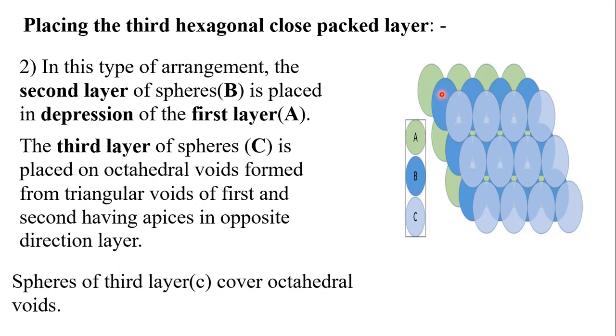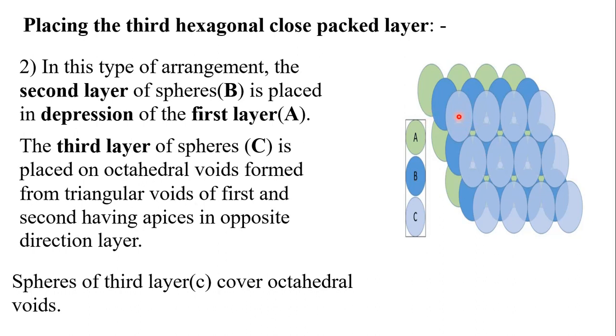That means an ABC type of sequence is there, and the spheres of the third layer cover the octahedral void, not the tetrahedral void. Octahedral voids are formed by the overlapping of triangular voids of the first and second layer.